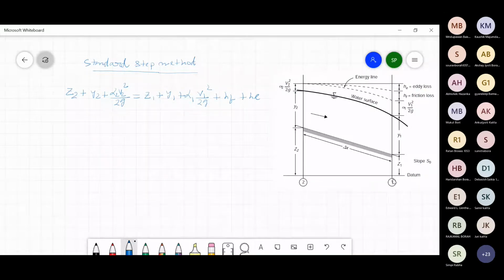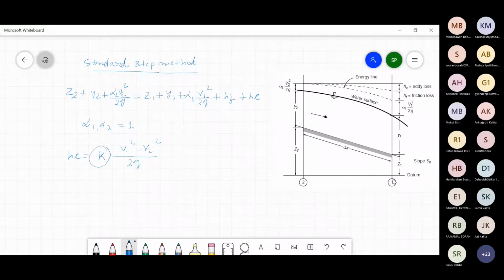So now, writing here, HC, considering alpha 1 and alpha 2 as unity, this eddy loss can be calculated as K into (V1 square minus V2 square) by 2g, where K is your eddy constant.